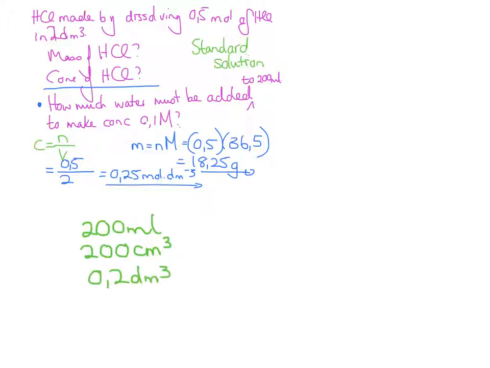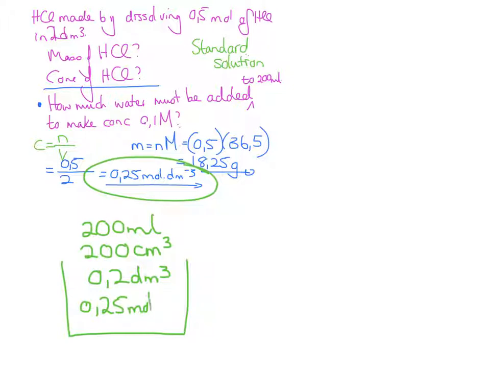So that's our solution, and that solution we already know has a concentration of 0.25 moles per cubic decimeter. We then know that what we want is a solution with 0.1 mole per cubic decimeter.